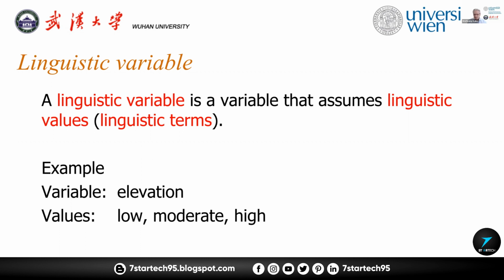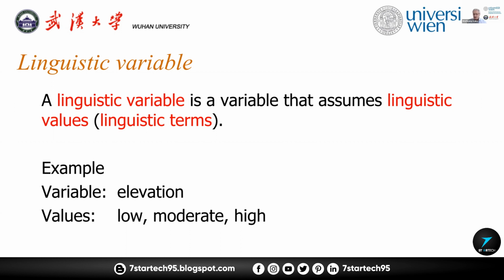For example, low elevation, moderate elevation, and high elevation. So the variable is elevation, and our possible values here are low, moderate, and high. In the same way, when we think back to our previous example with the height of a person, you could say height is the variable, and the values are short, average, and tall.